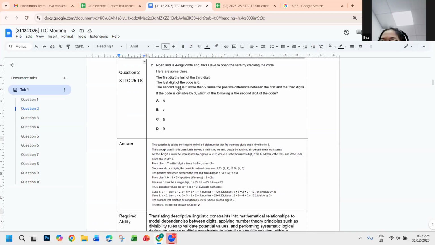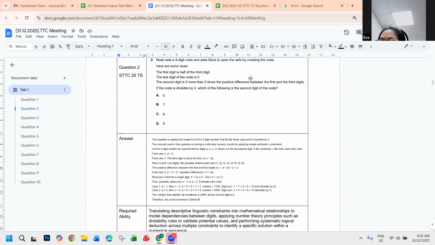From the third clue, we have the second digit is more than 2 times the positive difference between the first and the third digits. Firstly, we find the positive difference between the first and the third digit.